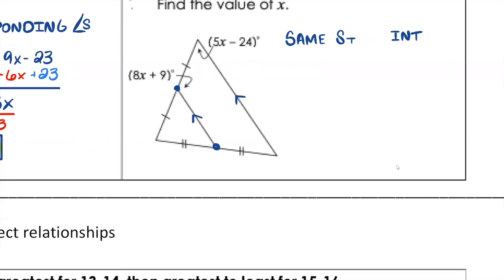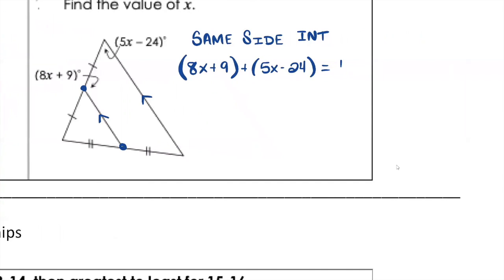We will combine like terms here, yes sir? Okay. So we're going to combine them, x plus 9 plus 5x minus 24 equals 180.